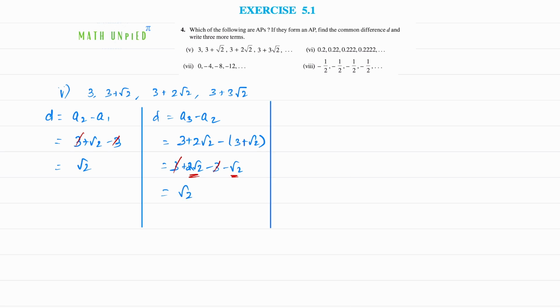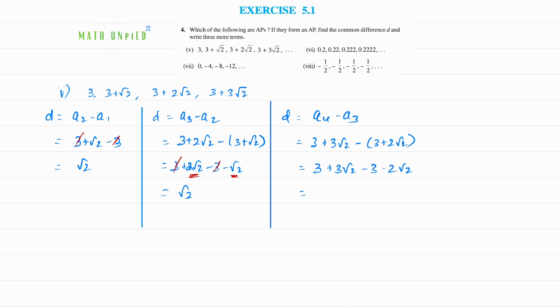Now let's find the difference between A4 and A3. This is 3 plus 3 root 2 minus of 3 plus 2 root 2, and this is 3 plus 3 root 2 minus 3 minus 2 root 2.